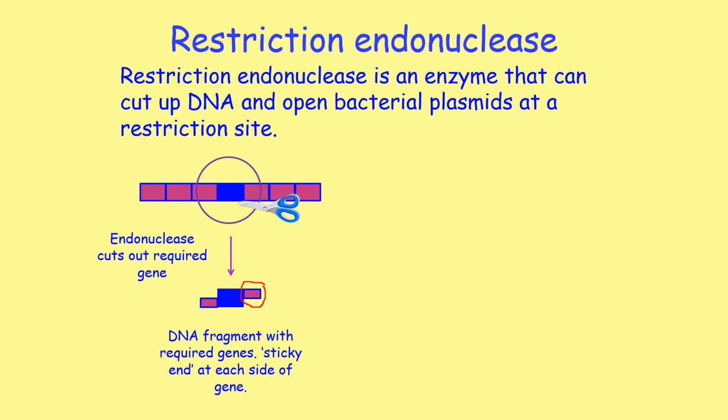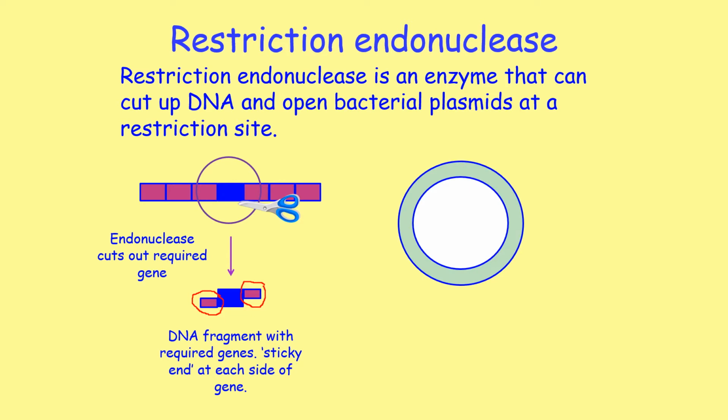They'll form hydrogen bonds between complementary base pairs. So that ATT would quite happily form a hydrogen bond with the sequence TAA. At the other side, because we've used the same restriction enzyme, we have that sequence TAA, and again that's called a sticky end because it will quite happily form a hydrogen bond with the complementary base sequence ATT. So that's what a sticky end is.